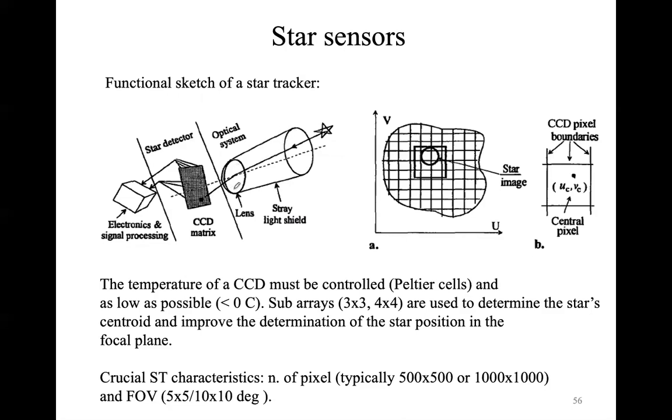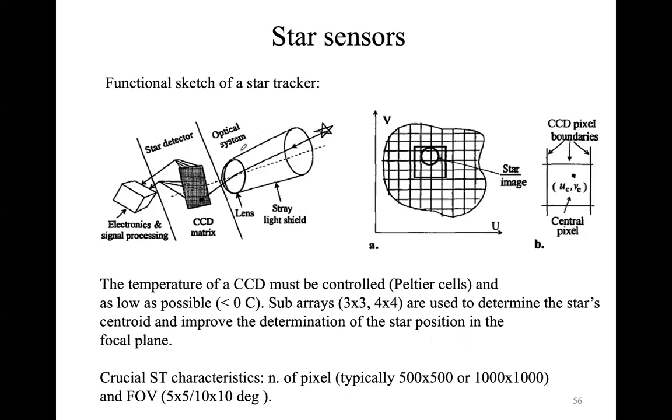Here you also have the stray light shield, a shield from the problems that we were discussing during the break. For example, if you have a spacecraft around the Earth, not only do you have possible interference from the sunlight, but you can also have problems given by the Earth albedo.